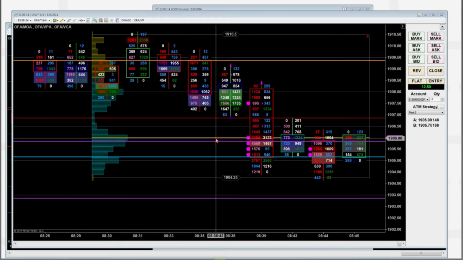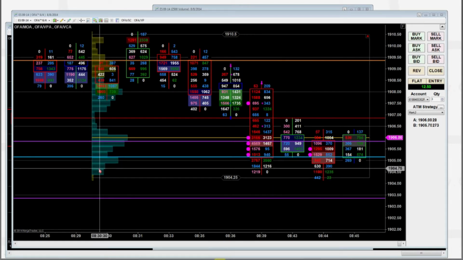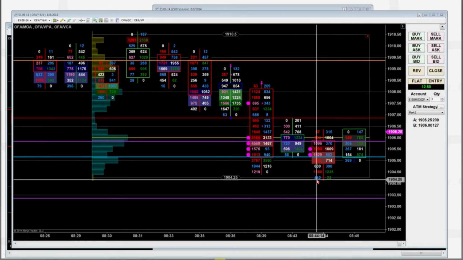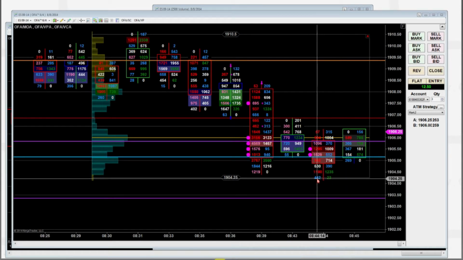So we have VPOC shift down to 1906. Again, when I'm watching the print, a little bit better finish here. And we did tick down into that level.